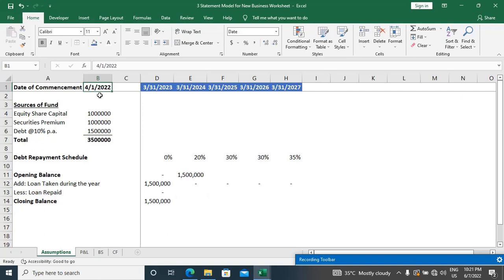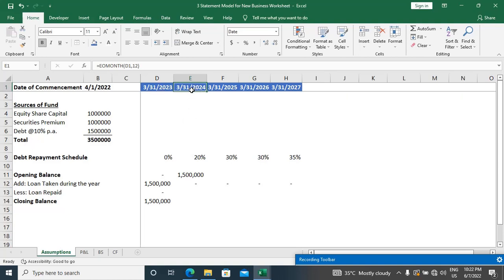So this year started here, but this year ended here, right? So whatever activities took place in the first year, we are recording here in the D column, and for the E column we are recording the transactions that would take place between year end 1 and year end 2.